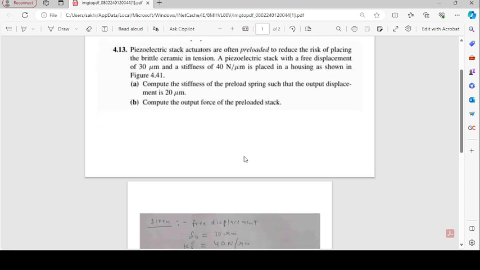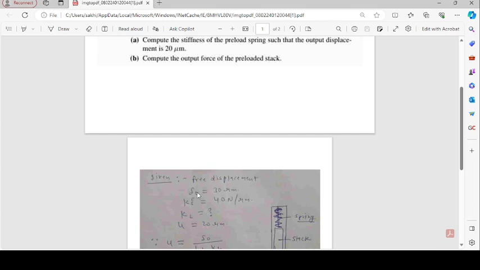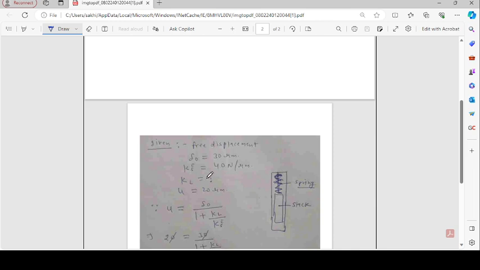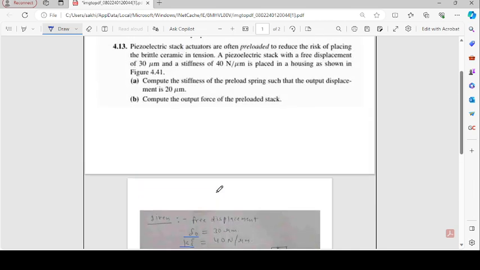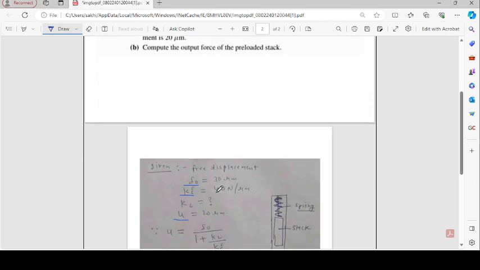So by the given data, we have the free displacement delta naught, and we have the stack stiffness, that is k_se. We have this displacement, right?